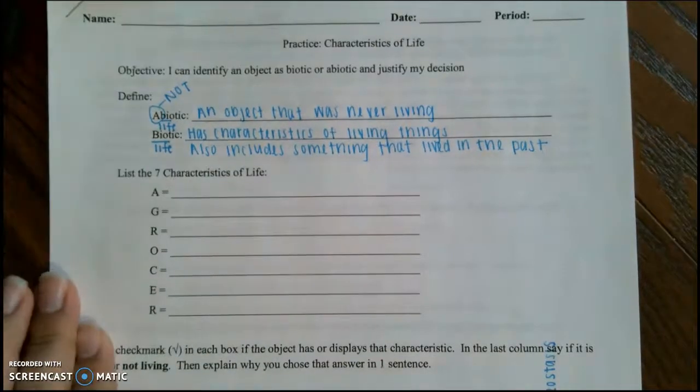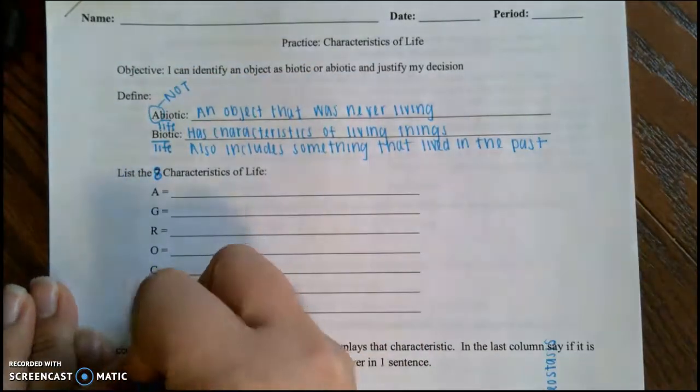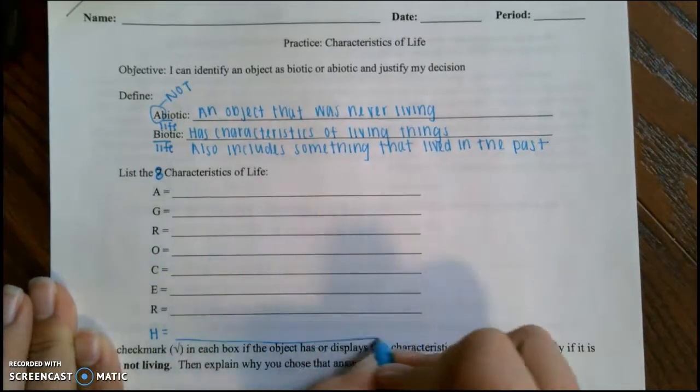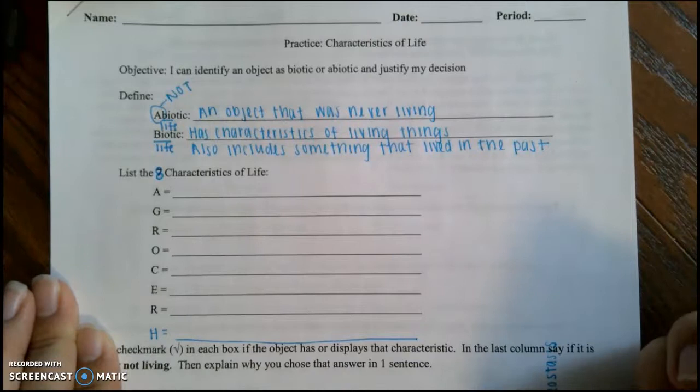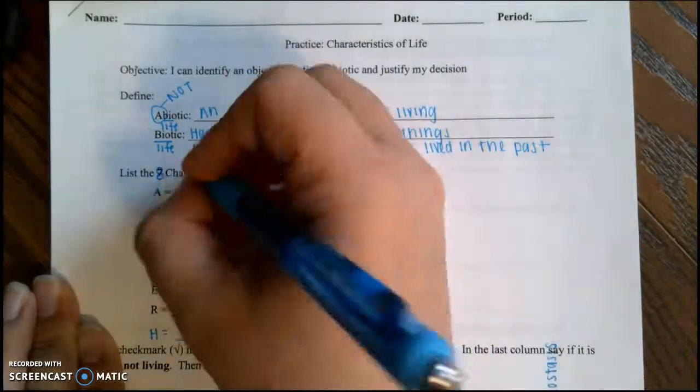Now here, this should say the 8 characteristics of life, so please go ahead and add an H down here for the 8th characteristic. So this is an acronym, so the first letter is going to correspond with the first letter of each one of these characteristics.